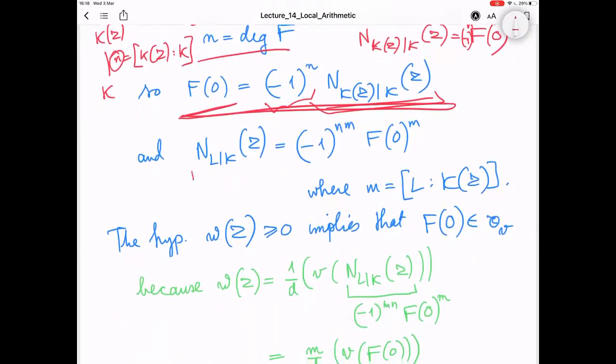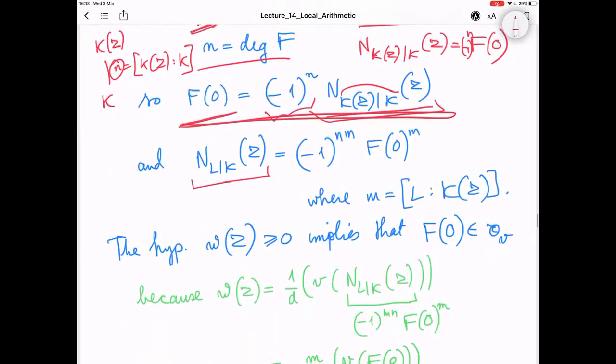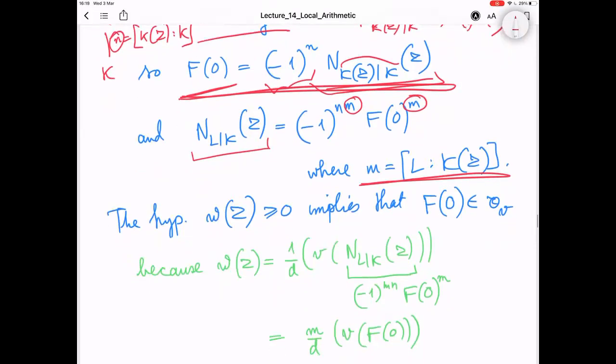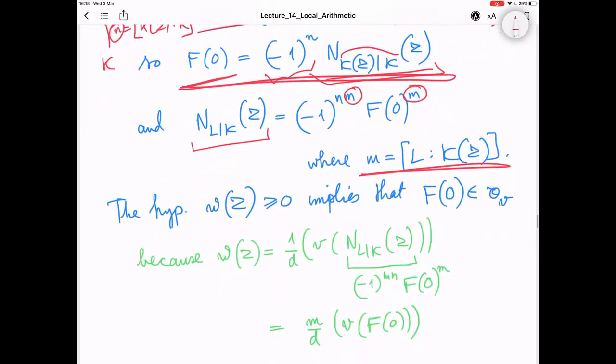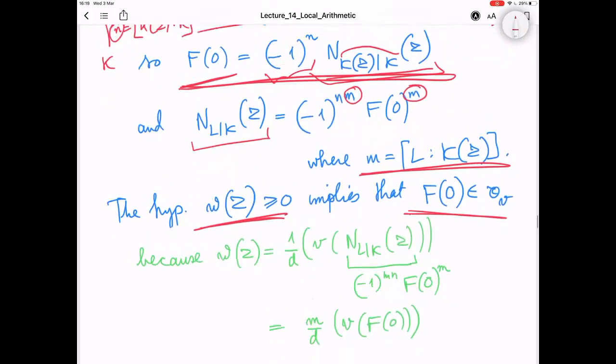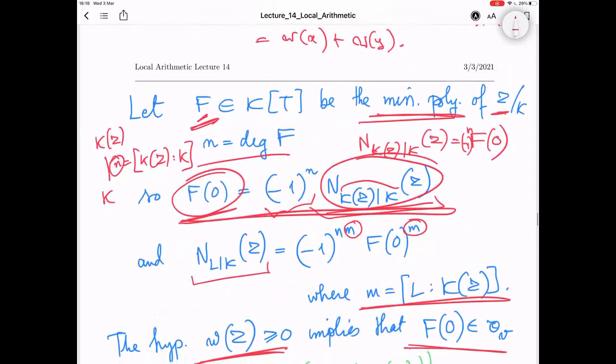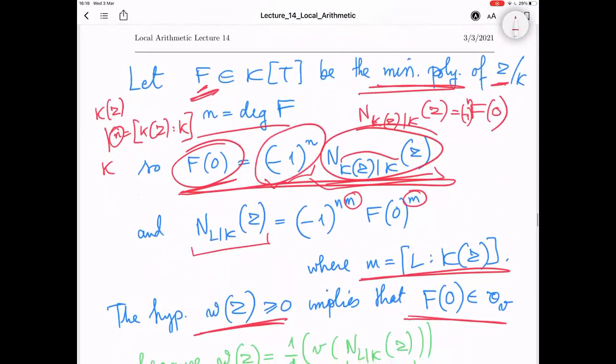But what I need is the norm from L to K of Z, not the norm from Kz to K. But that's easy. You just raise everything to the power m, where m is the degree of L over Kz. So my hypothesis that W of Z is positive implies that f of 0 is in OV, because f of 0 and this norm are basically the same thing up to this sign.